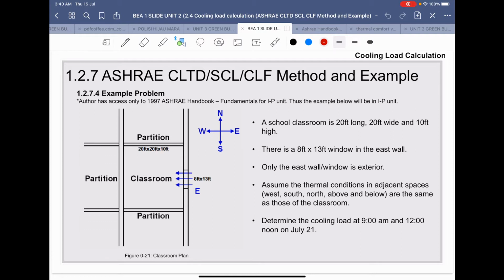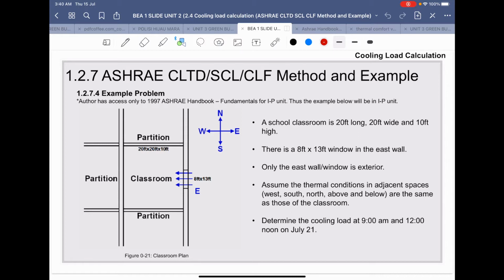As you know, CLTD is the cooling load temperature difference, SCL is the solar cooling load, and CLF is the cooling load factor. Those three are very important parameters to calculate building cooling load manually if we are using the ASHRAE CLTD, SCL, CLF method. Okay, let's start.